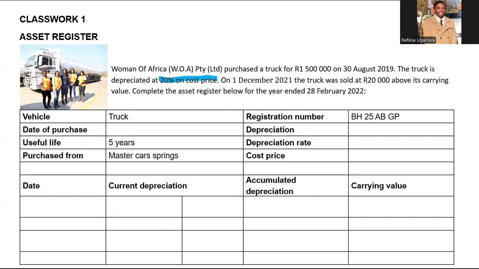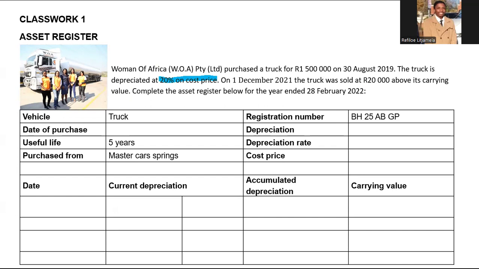And then it says on 1 December 2020, the truck was sold above its carrying value. We need to complete the asset register for the year ended 28th of February 2022.